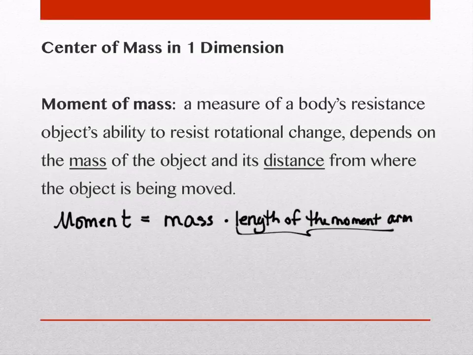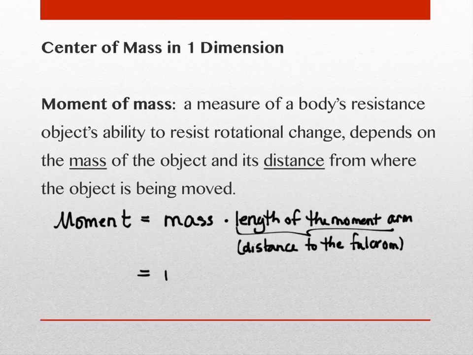Another way of writing length of the moment arm is the distance to the fulcrum. So we end up with something that looks like m times a distance x.